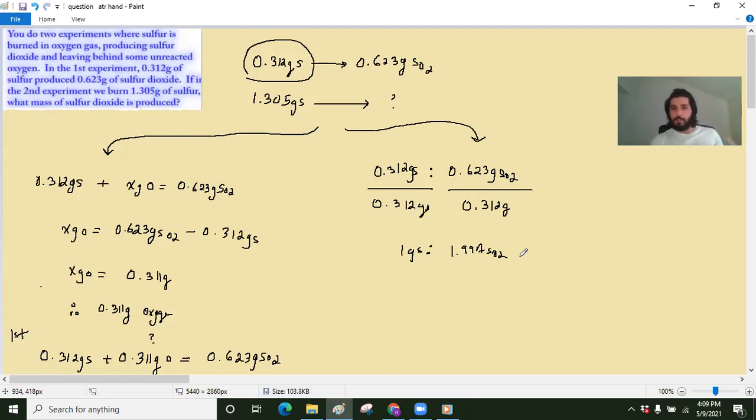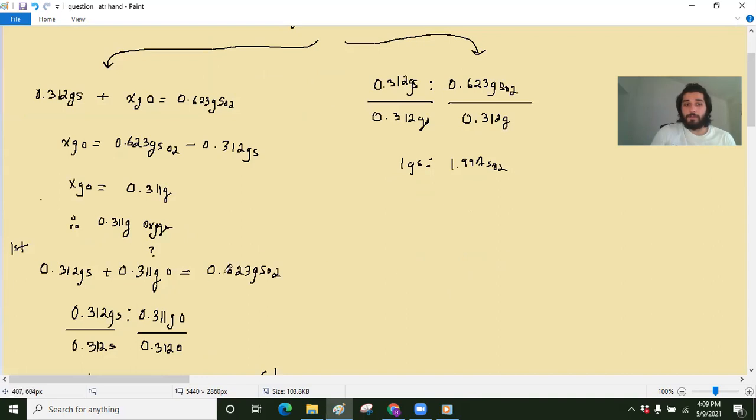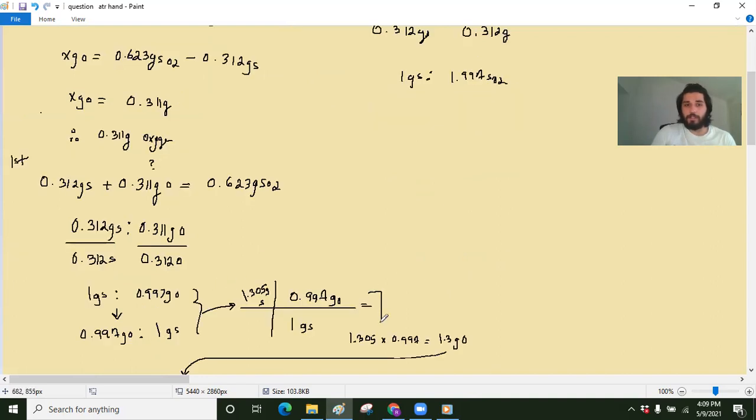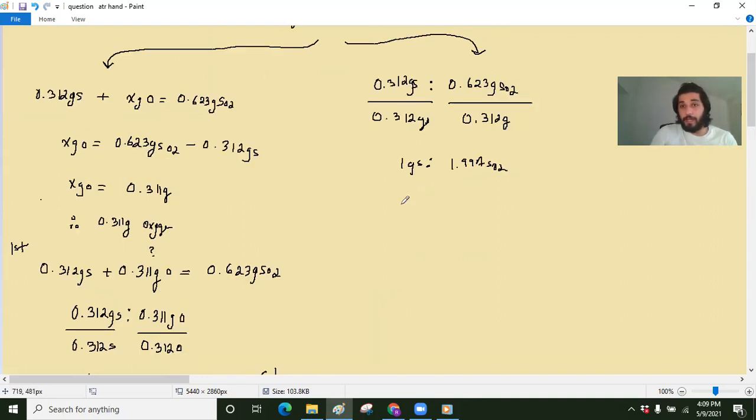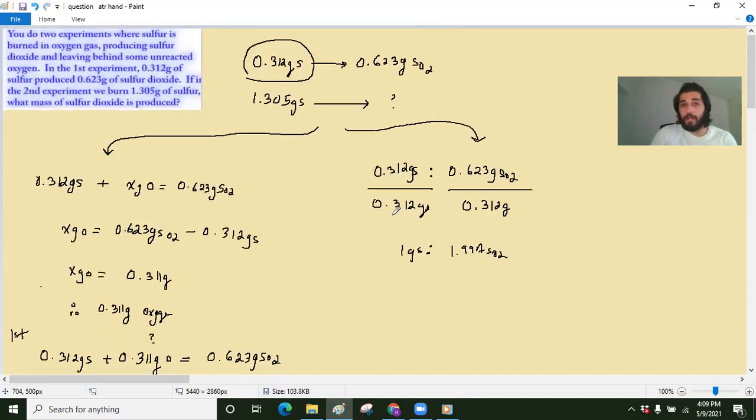It's easy to work your way up from there. If you tweak the amount of sulfur, then you can get correspondingly the amount of sulfur dioxide. It's a conversion factor again, and we do the same thing that we did here. So how much sulfur do I have? Start with what you have. You have 1.305 grams of sulfur, and you want it in terms of sulfur dioxide. Between the sulfur and the sulfur dioxide, which one would you put on the bottom and which on the top?